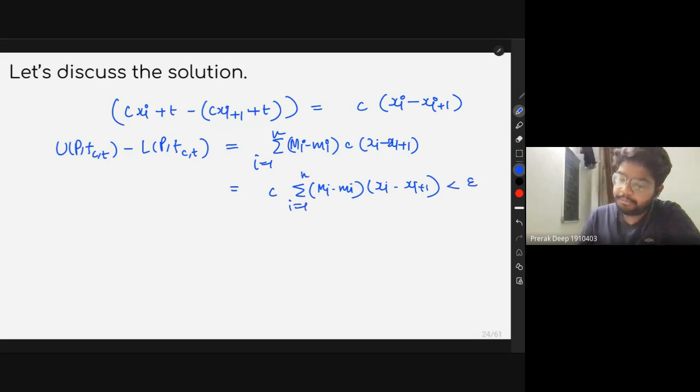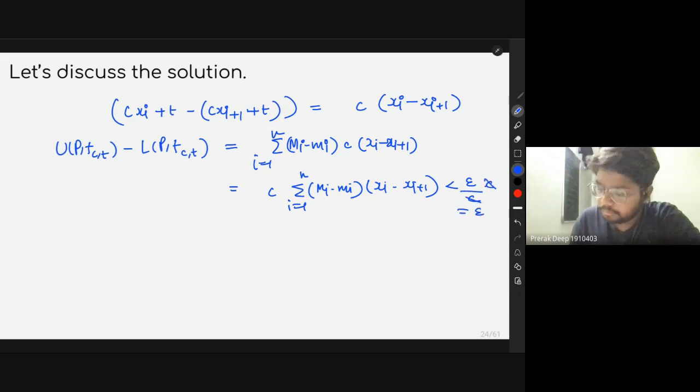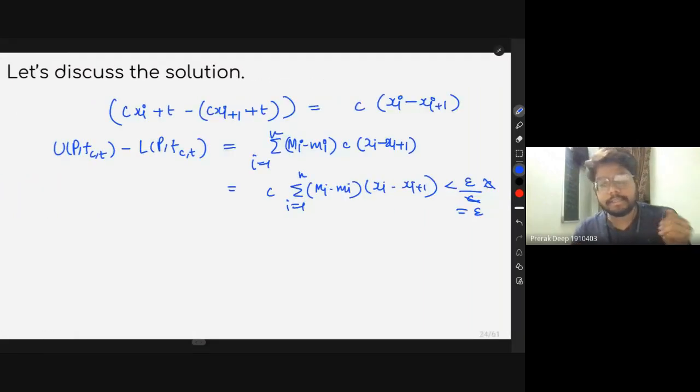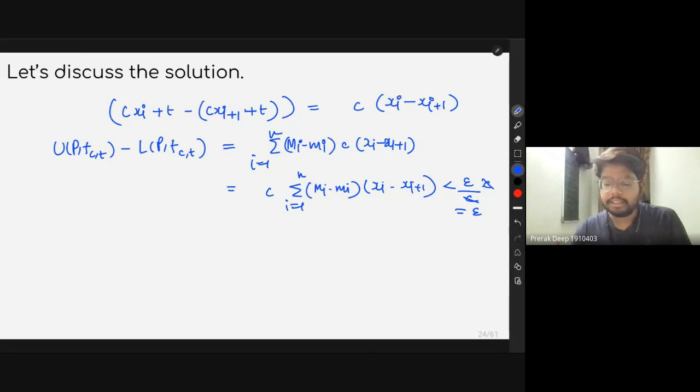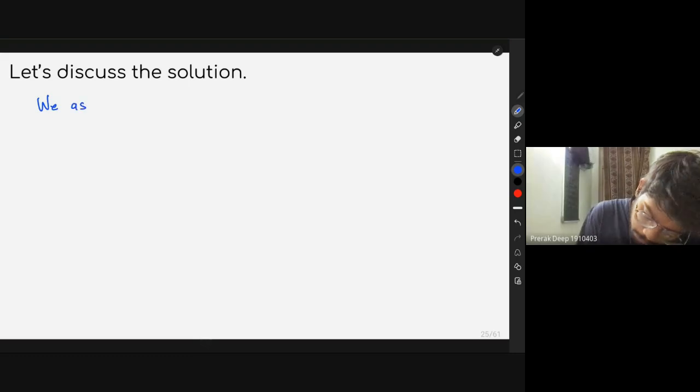Now this is already smaller than epsilon. So we can choose our epsilon to be epsilon by c, and we can get it small by epsilon. So this proves that if f is Riemann integrable, then f of ct is Riemann integrable. Now we prove the second part.